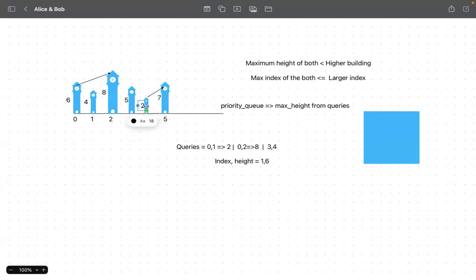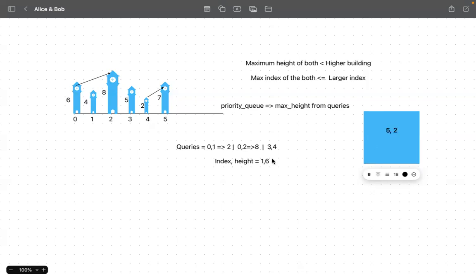It's 4, and at 4, is there any query to be served? There is nothing. But is there any query to be added into the queue? Yes, there is, and we have added it into the queue. This time my index will be 4, the larger index, and the height will obviously be 5. Sorry, I have to write in the priority queue the maximum height and then the index of the query.